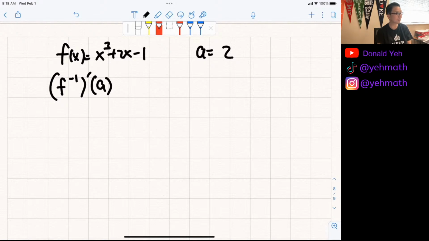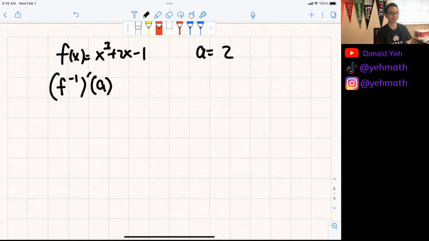So f inverse prime of a, okay? And a is 2. So that means... No, I think first you do the inverse, then take the derivative, and you plug in 2.